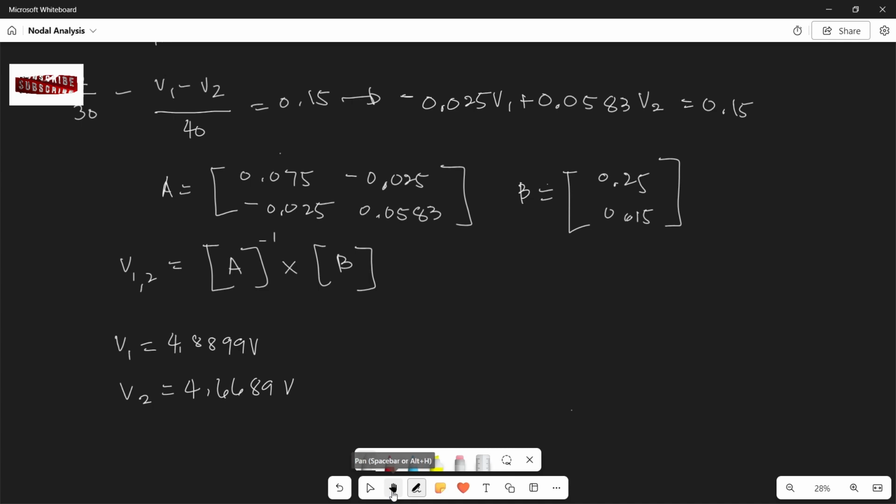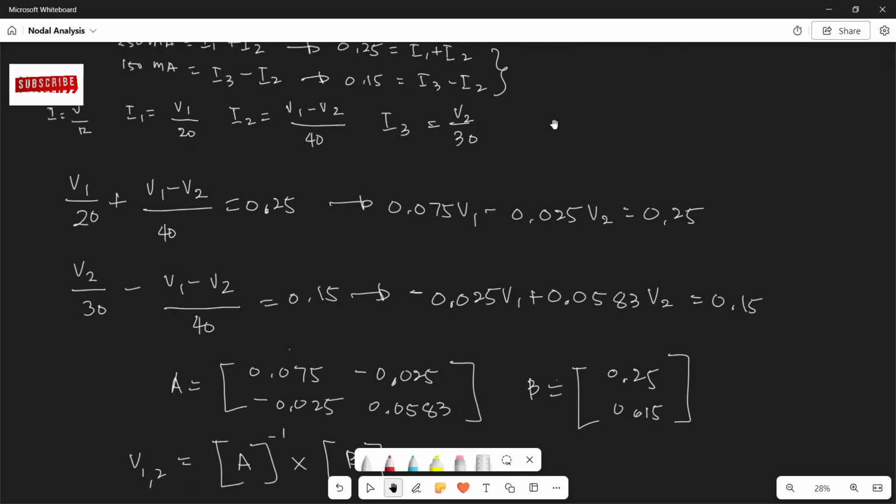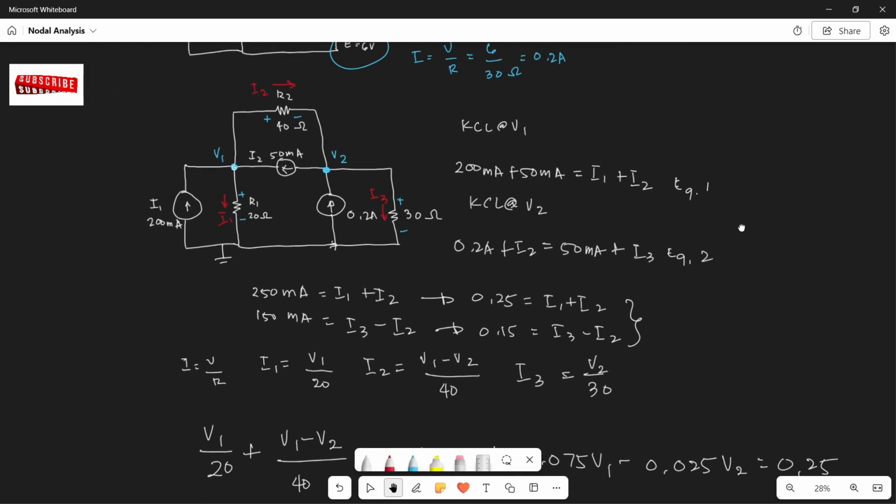If we go back to our circuit, V1 here is 4.8899, and V2 here is 4.6689 volts.